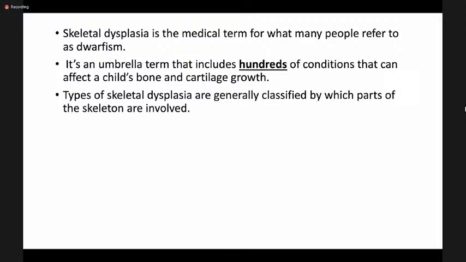The development is interfered with, and this is what causes the short stature. Now, types of skeletal dysplasia are generally classified by which parts of the skeleton are involved. When we talk of part of the skeleton, it may be the spine or the lower limbs.